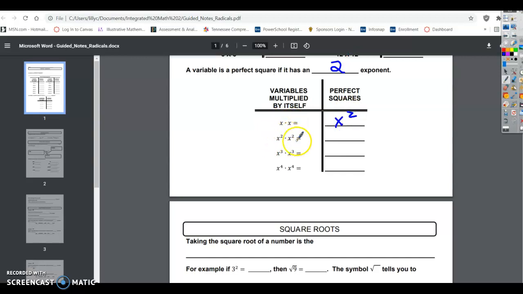And then x squared times x squared is x squared squared. And then this one would be x cubed squared. And this one is x to the 4th squared. And you can see because it's times itself, that makes it squared.